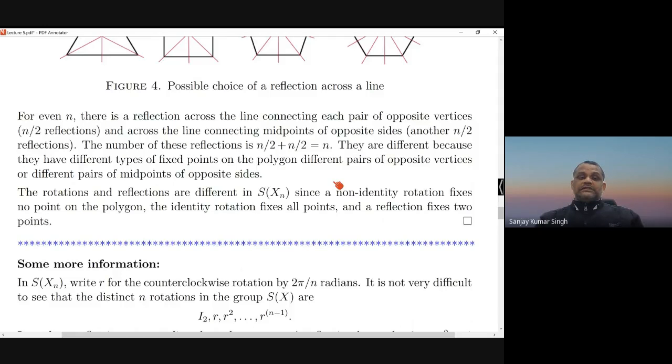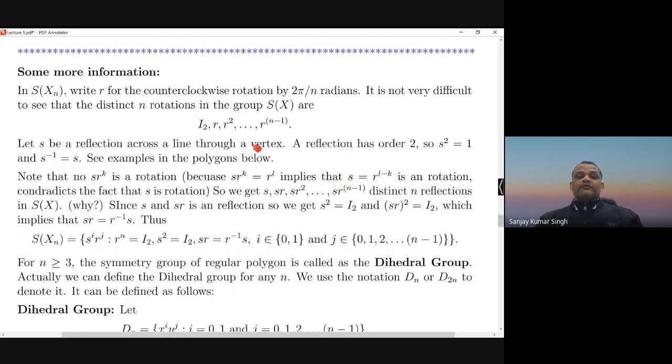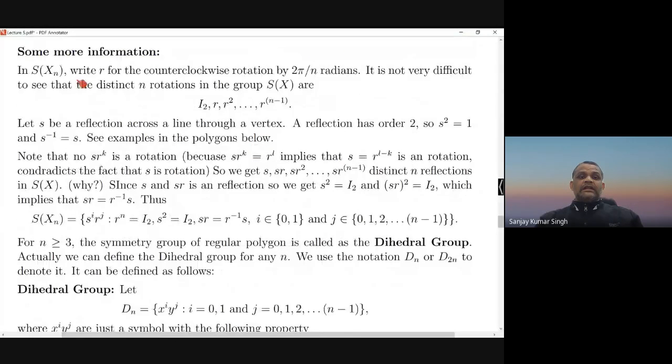Now we'll write some more information about this symmetry group. If I write r for the rotation by the angle 2 pi by n, then it is easy to check that the other rotations can be written as powers of r, and they are nothing but I, r, r squared, up to r to the power n minus 1.